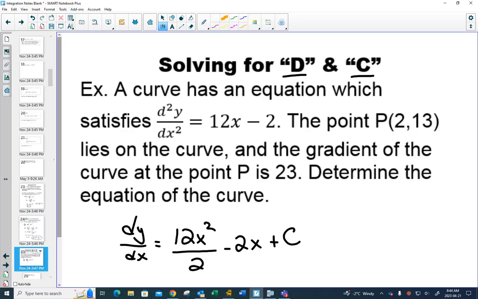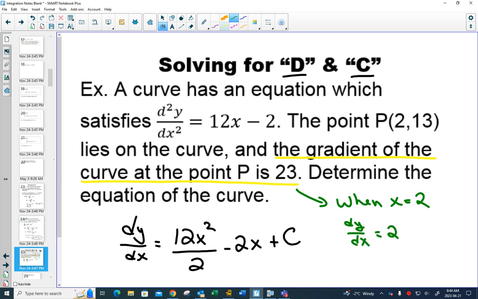This part of that sentence right there tells us when x is equal to 2, because it's at the point P, dy/dx is equal to 23.